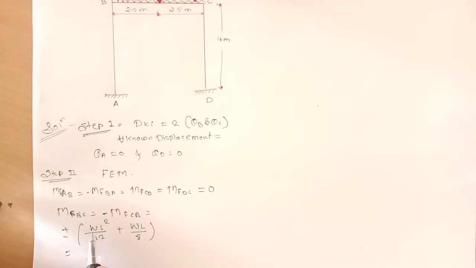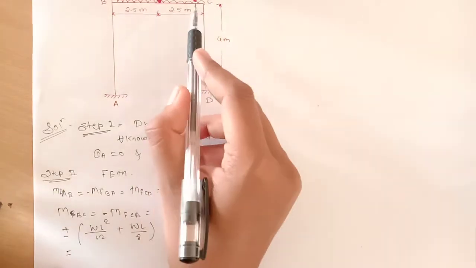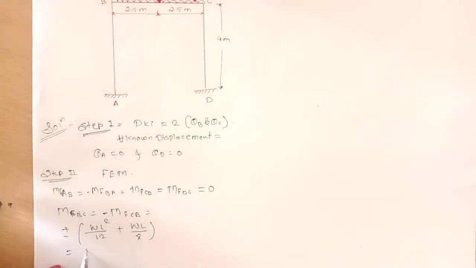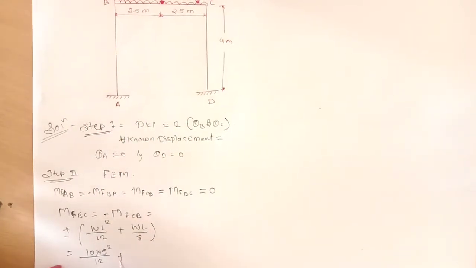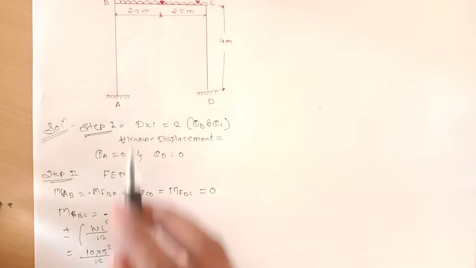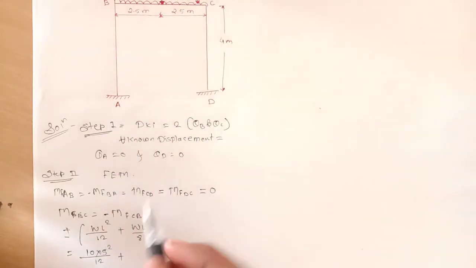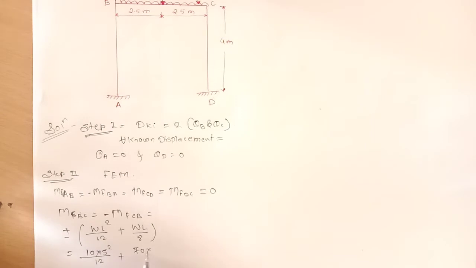So W, the UDL weight, is 10 multiplied by the span 5 square divided by 12, plus the point load 70 multiplied by length 5 divided by 8.